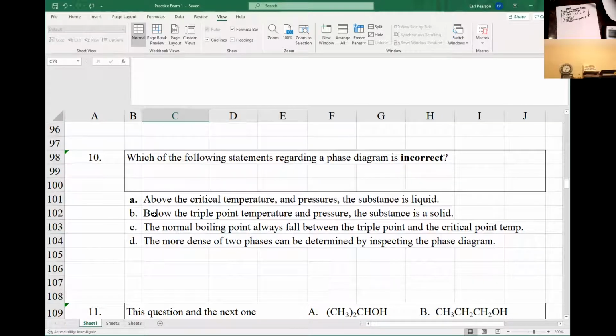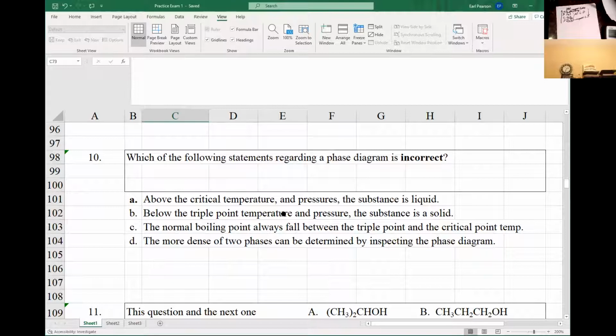Now let's see if this one is true. Below the triple point temperature and pressure, the substance is a solid. If you remember, the triple point is where all three of the lines join to each other. So if you're below the triple point temperature, which means you're over to its left, and below the triple point pressure, that's going to be in the solid region.